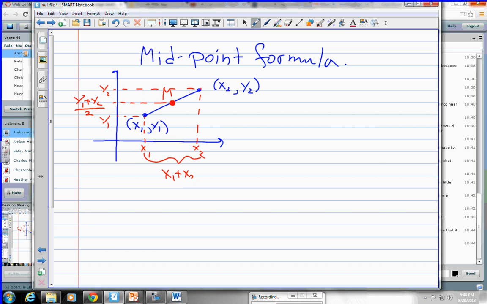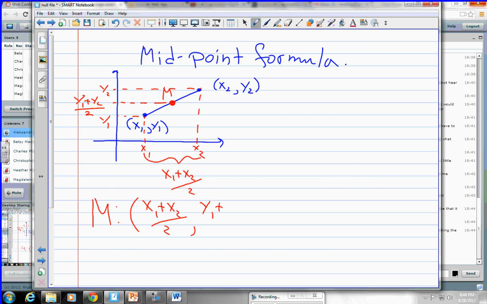So the midpoint formula is pretty nice and friendly. It's just x1 plus x2 over 2 and y1 plus y2 over 2. It's the average, and it's really easy to use.